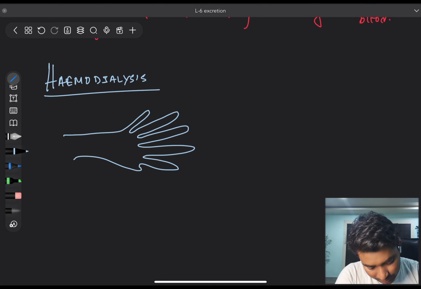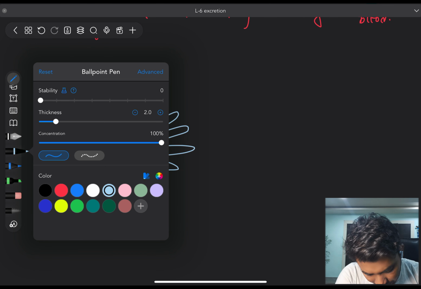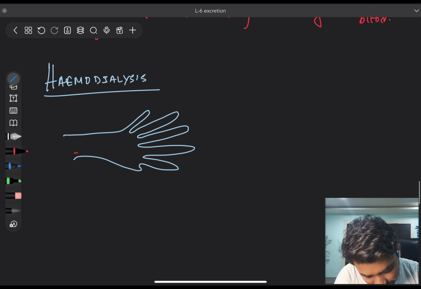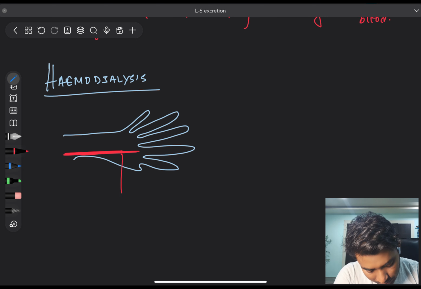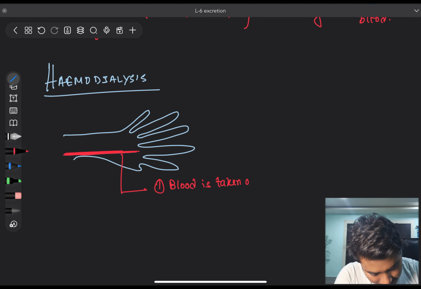Let it be a hand. Here, blood is taken out from the radial artery. I am drawing the artery in red. In step 1, blood is taken out via the radial artery.